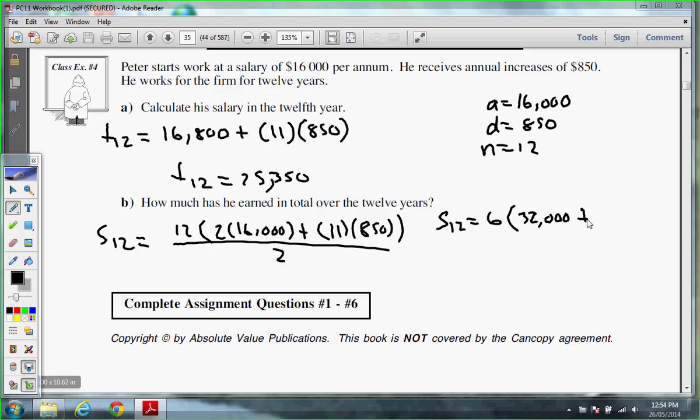What's 850 times 11? 9,000, that's right. When you put that in your calculator, it kicks out that for his whole 12 years working there, he'll make $248,100.